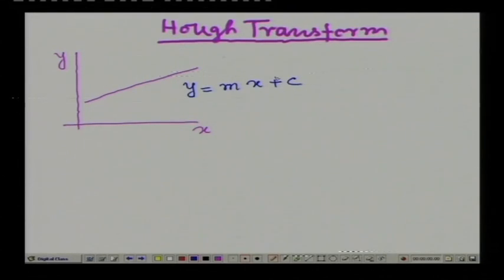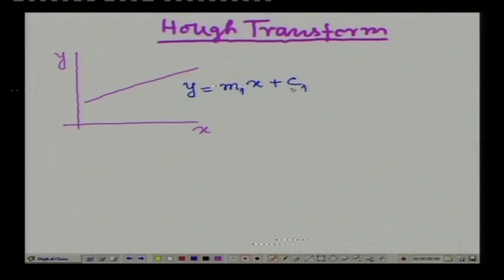For a particular straight line, the values of m and c will be constant. So, I represent them by m 1 and c 1, indicating that the slope and the intercept are constant for a given straight line in the x y plane.